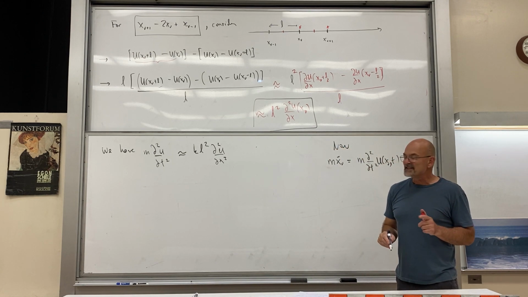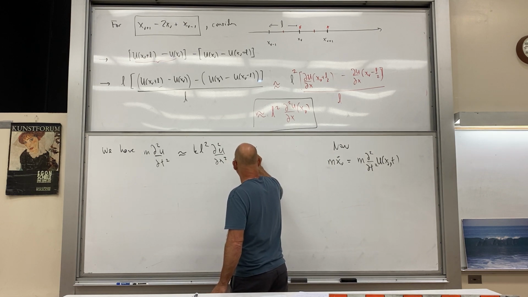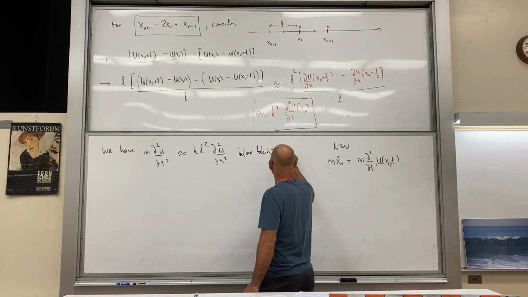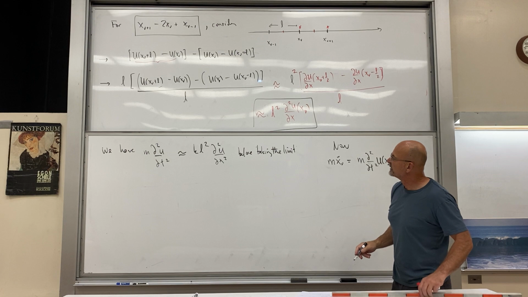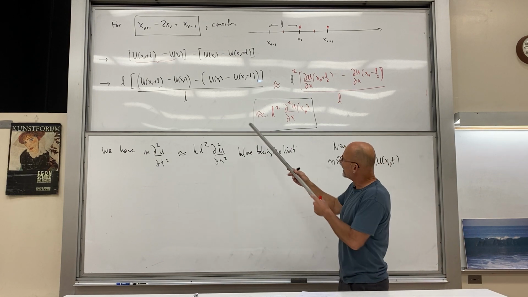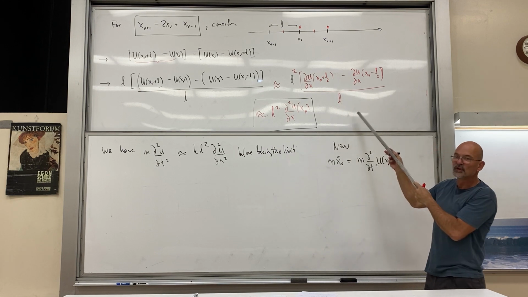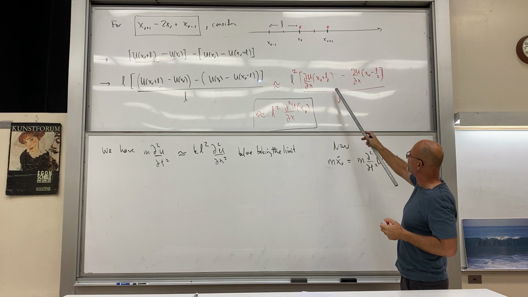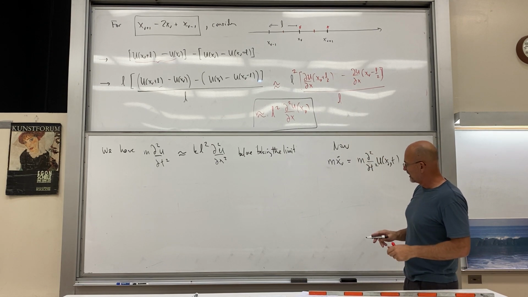So we haven't yet taken the limit. Before taking the limit, right? These are all difference quotients. In the limit, what limit are we talking about? L goes to 0. L goes to 0 is what turns these things into derivatives. And like I said before, they're excellent approximations because they're centered right there. In both cases, they're centered.